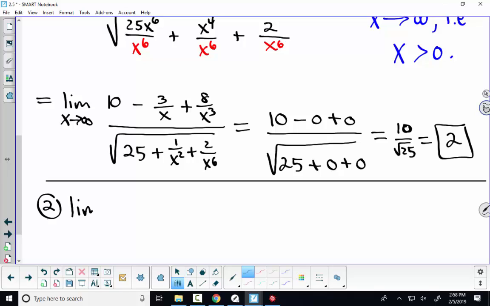So the other end is limit as x approaches negative infinity. On the same function.